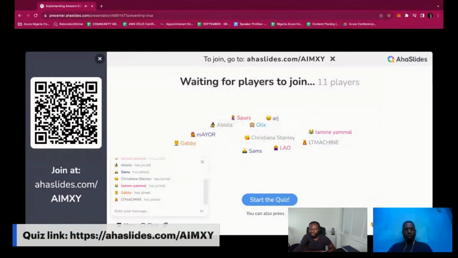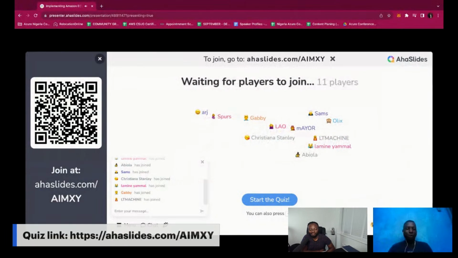Yeah, we shared a link, but you can also scan the QR code on the screen as well. We are going to be expecting, actually, not too tough for us today. No, not at all. It's a very light quiz, so it shouldn't be a hard one at all. So we've got 11 people joined so far.